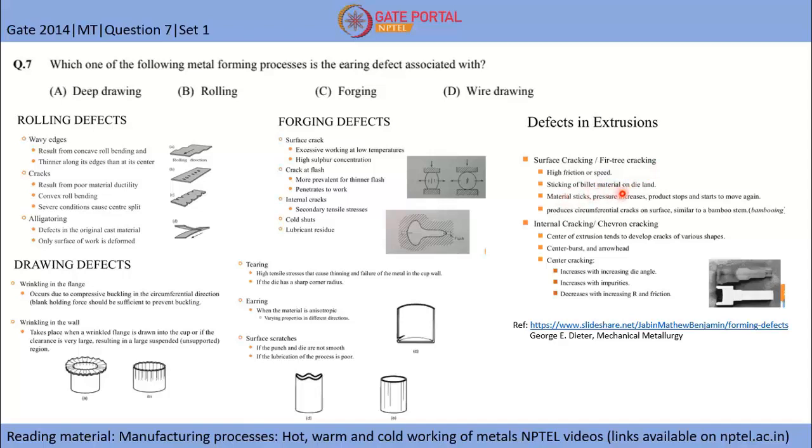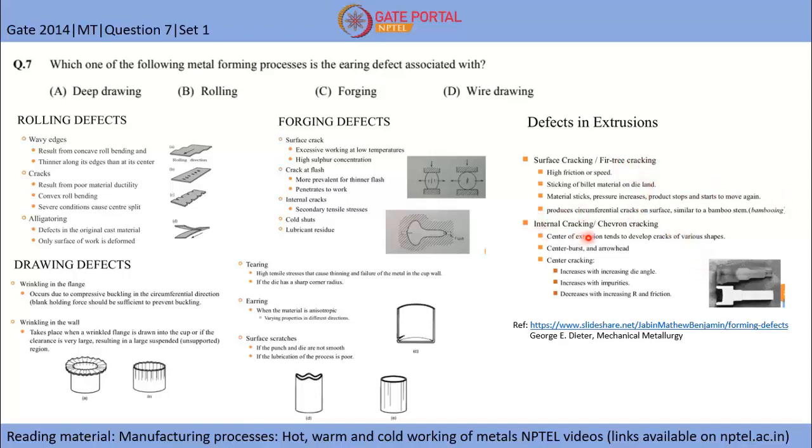Also, sticking of billet material on the die: let's say the die is not perfectly lubricated, then the friction will be more, hence some material of your workpiece will get eroded out because of that friction. Hence the material streaks, pressure also increases, and the product stops and then starts to move. Extrusion should be a single flow process rather than start-stop. If this occurs, then fir tree cracking usually occurs.